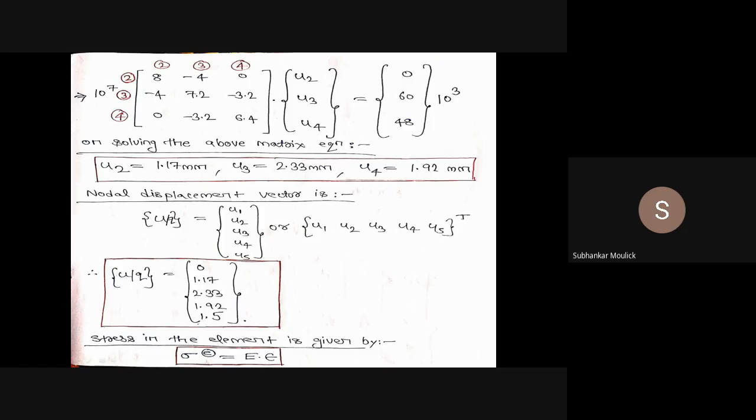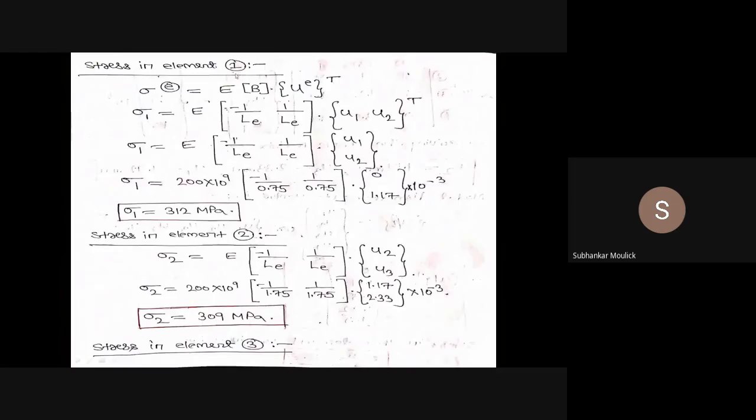And again, I know that in FEM, strain is given by the strain displacement matrix B into the nodal displacement vector matrix transpose for a particular element. So sigma of any element is equal to E into the strain displacement matrix into the nodal displacement vector matrix transpose for that particular element.